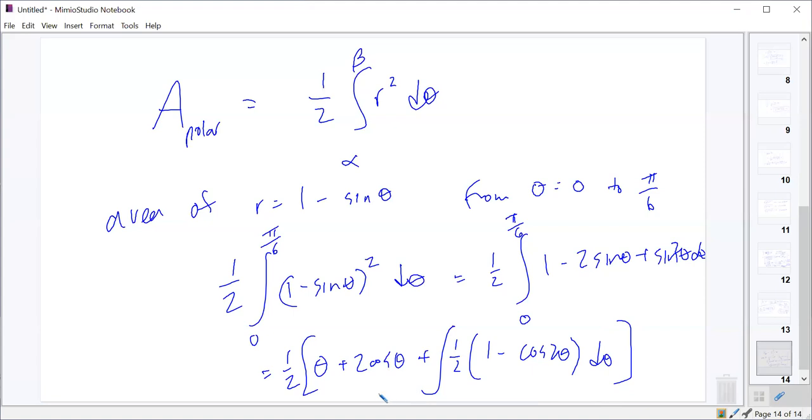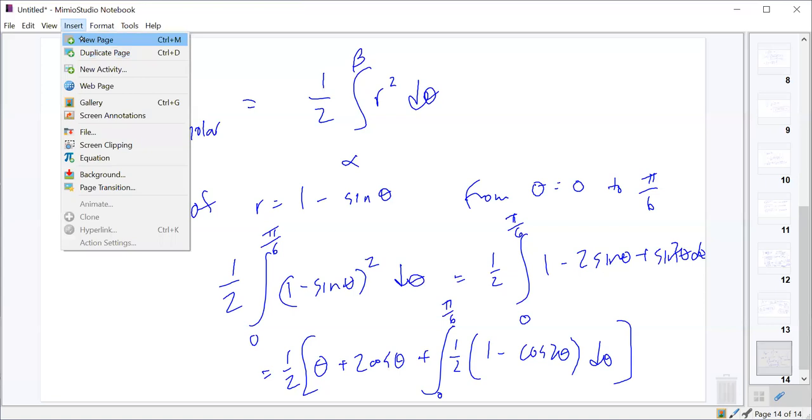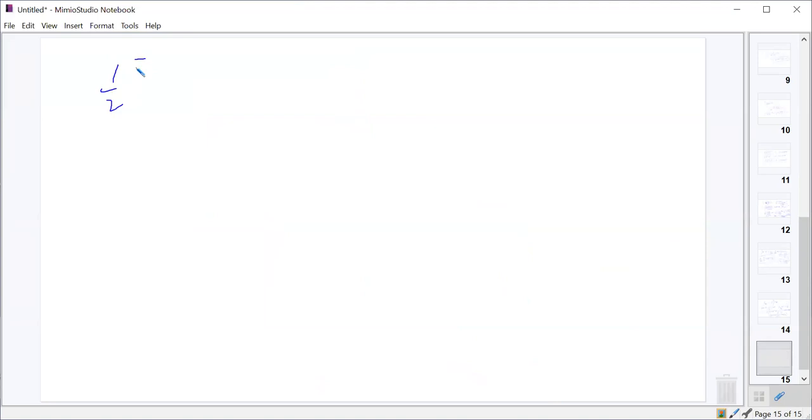Remembering this is still from 0 to pi over 6. This will also get evaluated from 0 to pi over 6 eventually. And as we integrate, this becomes a theta over 2. Let's see. We got 1/2 of theta plus 2 cosine theta.